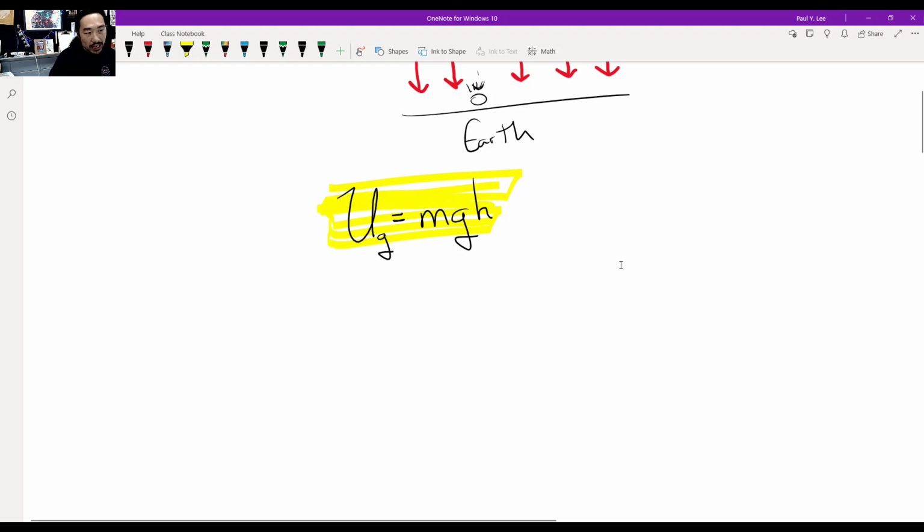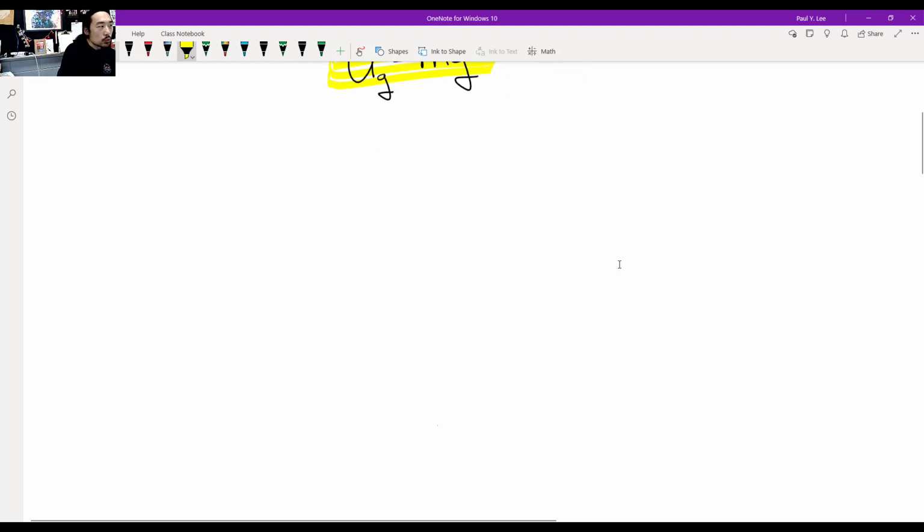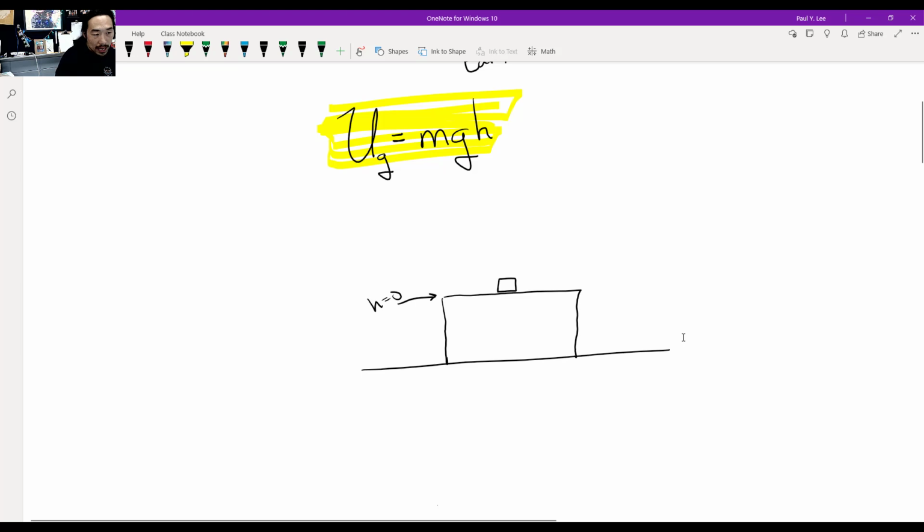Let's talk about this h. Height is what we call a relative position, meaning that you can actually change what we call height 0, and it affects your math. For example, let's say we have a table and an object on top of the table. If we call this height 0, according to the formula m times g times h, this object has gravitational potential energy of 0 joules.